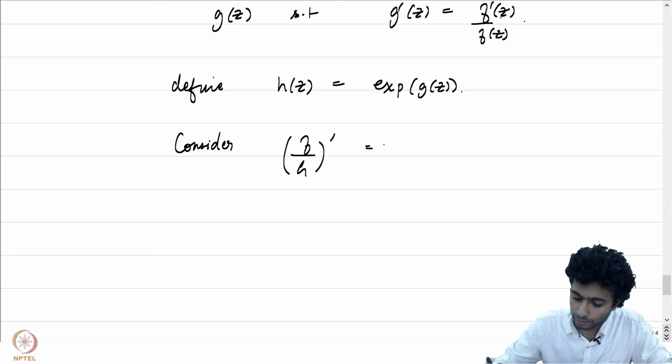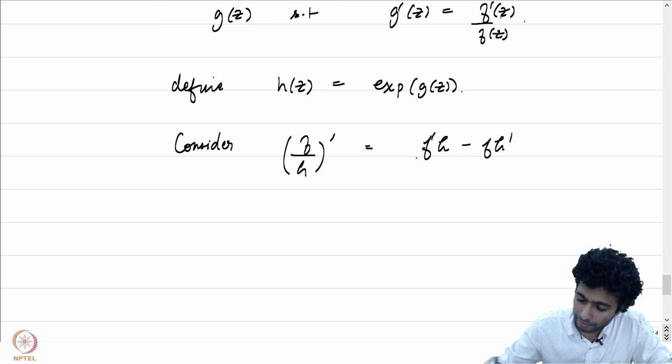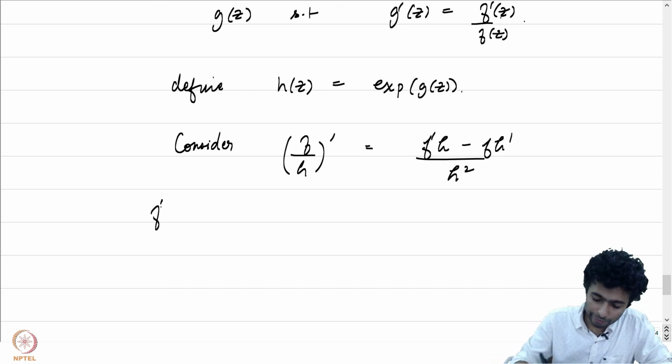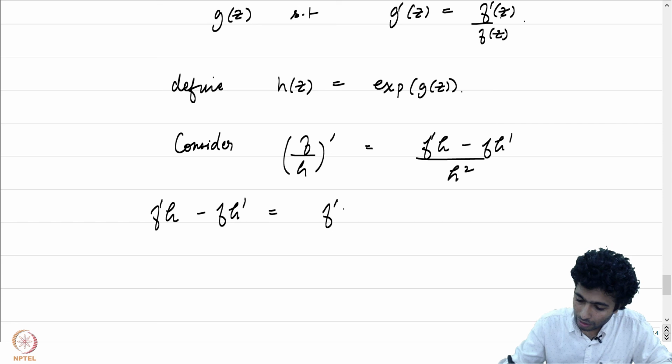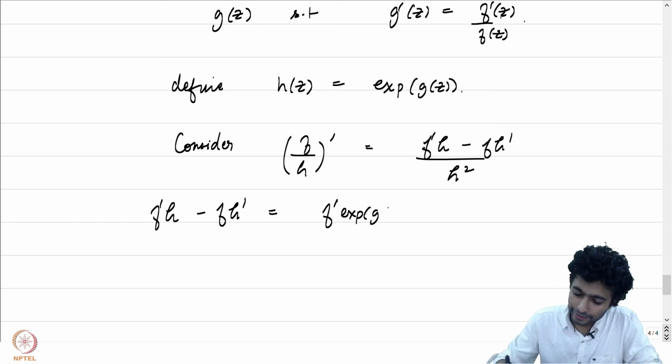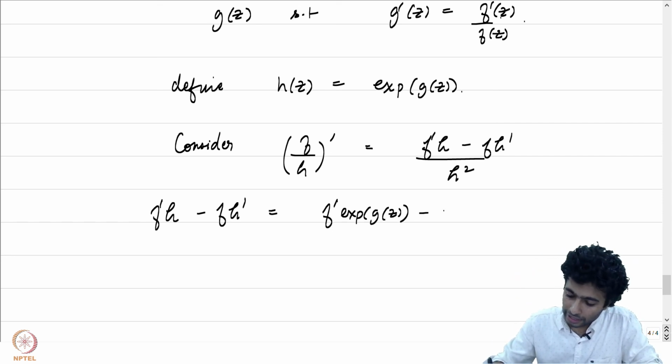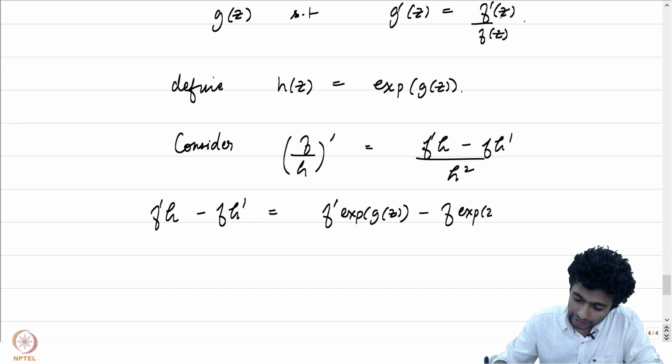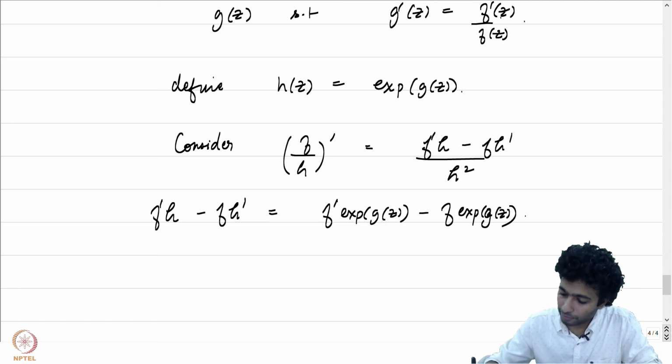The derivative by quotient rule is going to be equal to f prime times h minus f times h prime, by h square. And if you notice, f prime times h minus f times h prime is equal to f prime times, what is h? h is exponential of g of z, minus f times the exponential of g of z times g prime of z, and g prime of z is going to be f prime by f.